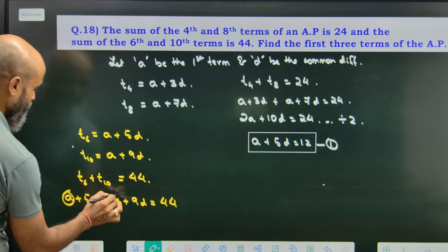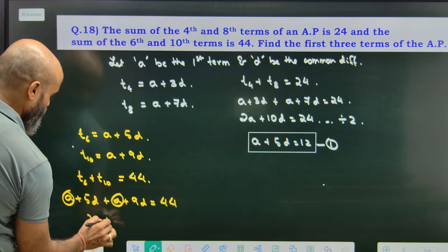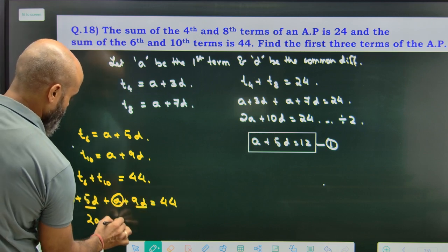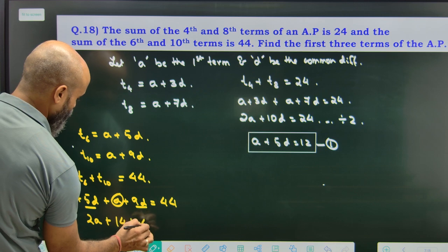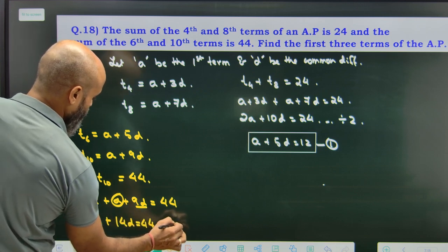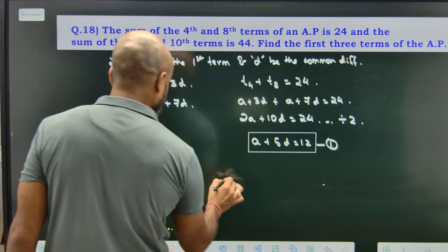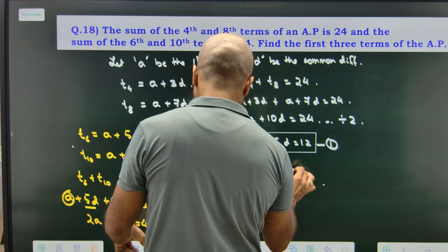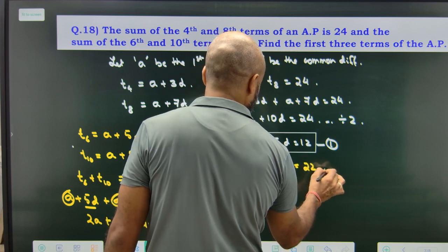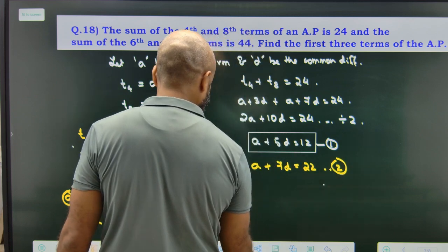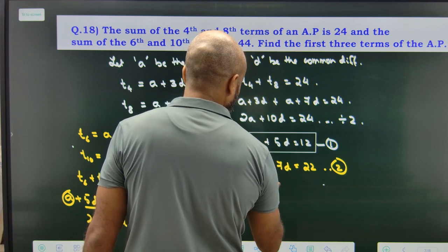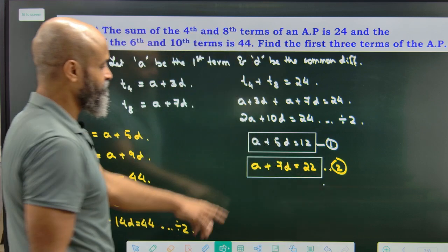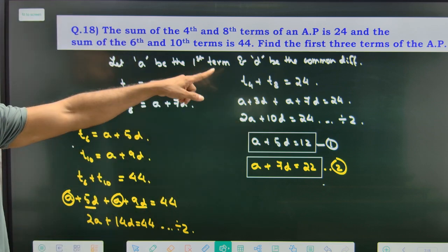So A plus A, that is 2A, plus 9 plus 5, that is 14D, is equal to 44. If I divide this by 2, I get A plus 7D is equal to 22. So that is basically the second equation.